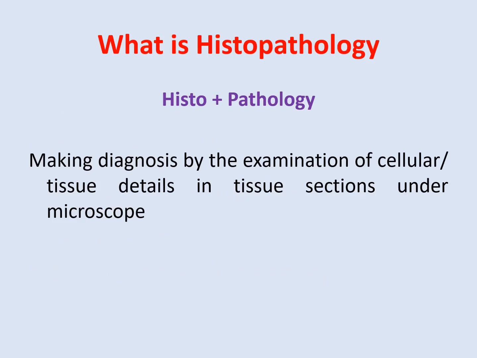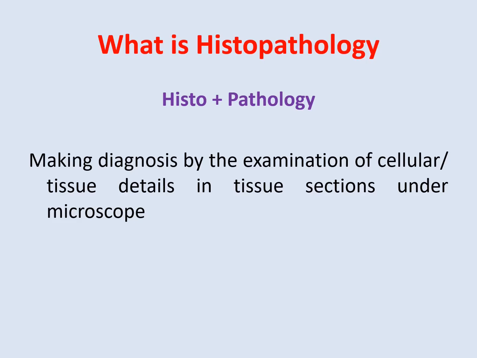So coming to the first, what is histopathology? Histopathology is divided into two words, histo and pathology. Histo means histology, tissue, a normal tissue, the orientation of cells and its adjoining structures such as stroma and protein. All these normal structures come under histology.